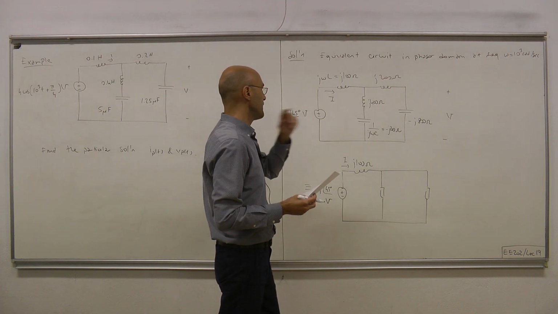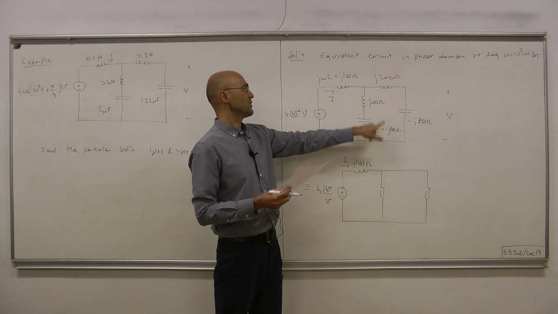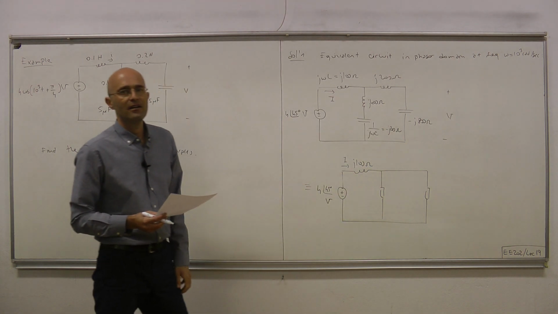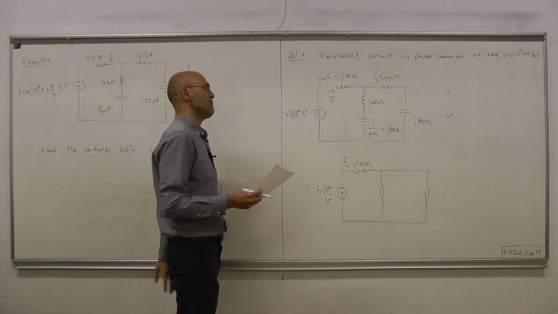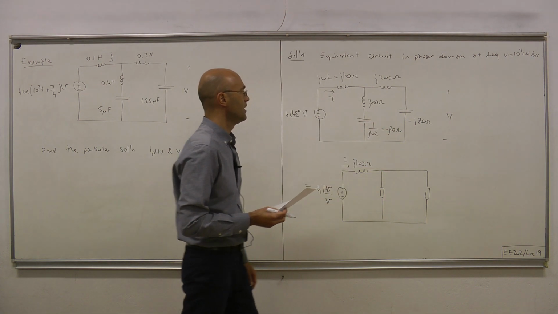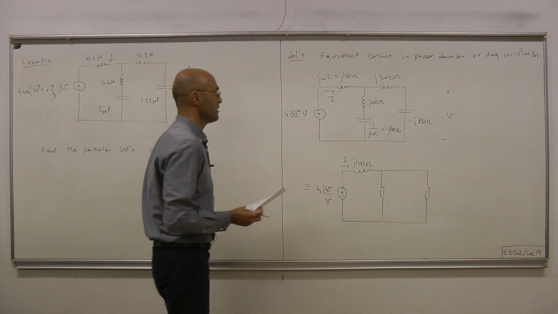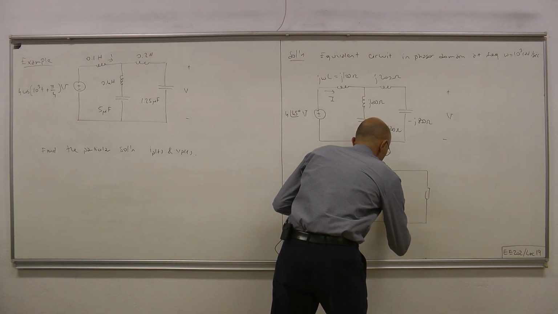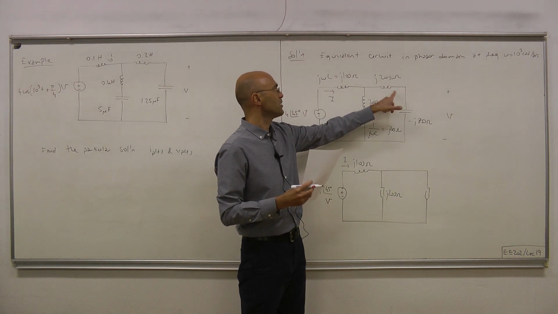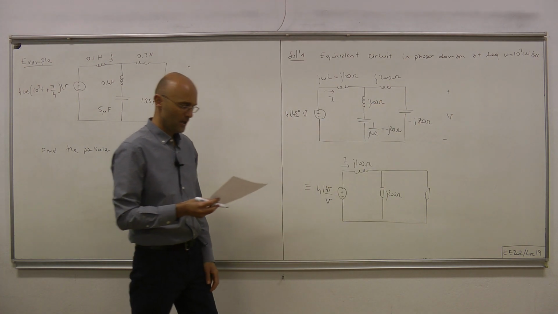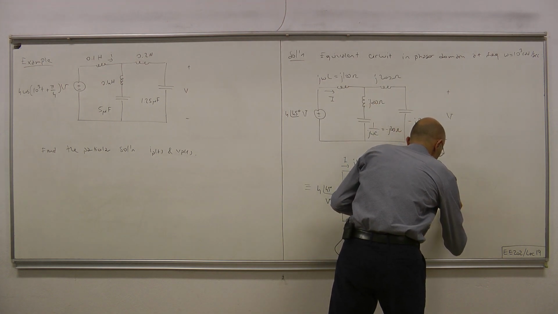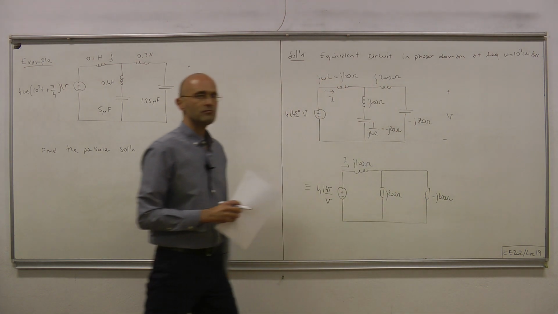Now what's Z1? Here we have an impedance that's in series with another impedance, so we can simply add the individual impedances to obtain the effective or equivalent impedance. J400 plus minus J200 yields J200 ohms. Likewise here we have J200 and minus J800, and that makes minus J600 ohms.